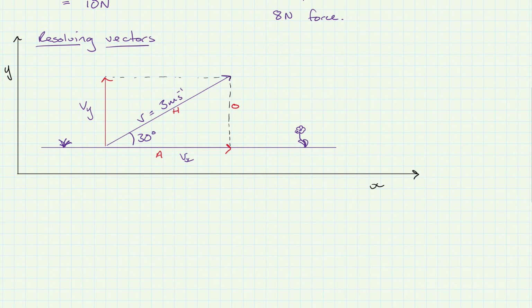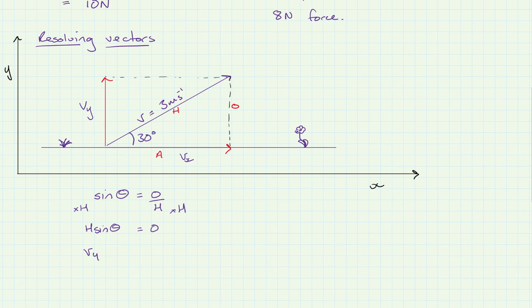So I know to find anything to do with the opposite side, when I know the hypotenuse, I can use sine theta equals opposite over hypotenuse. Now in this case, I know the hypotenuse and I want to find the opposite. So I'm going to multiply both sides by h. So I get h sine theta equals O. So for us, O is Vy.